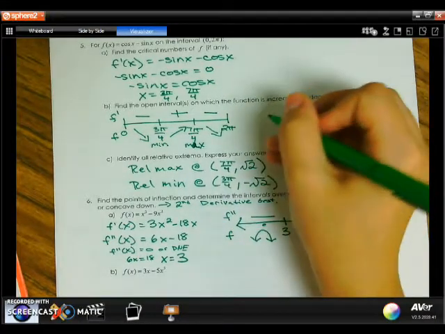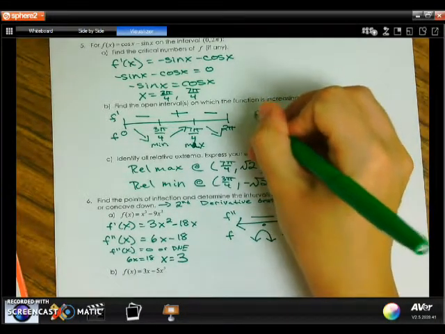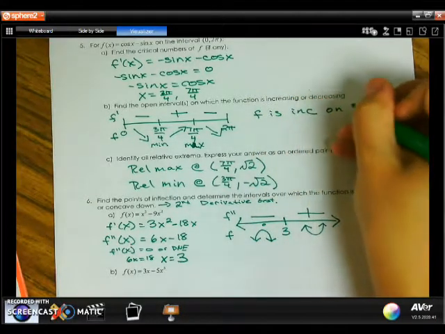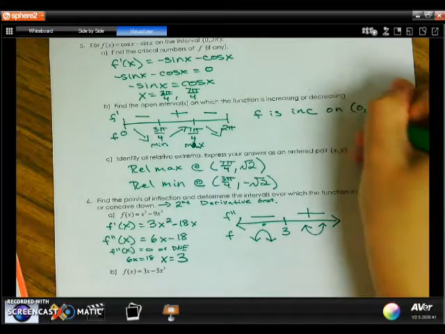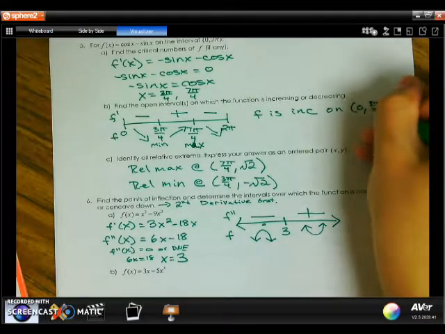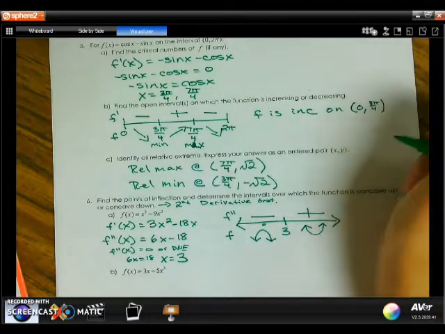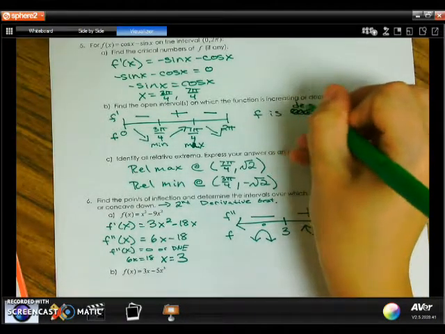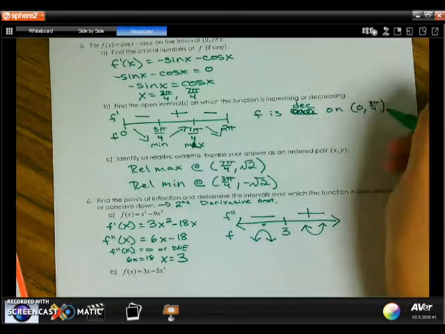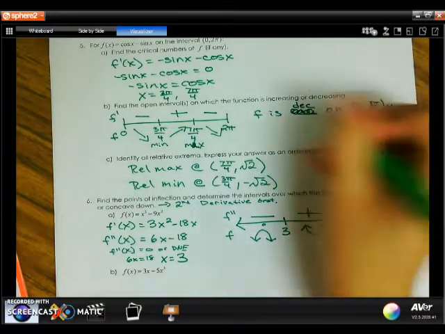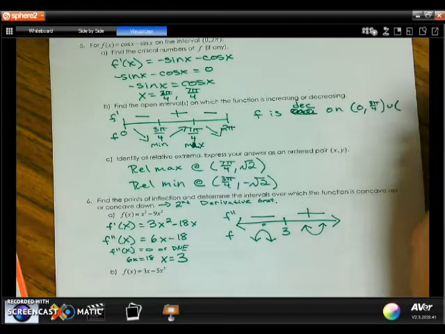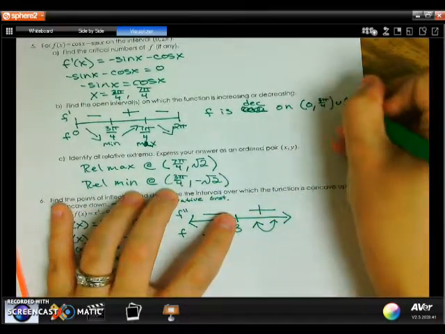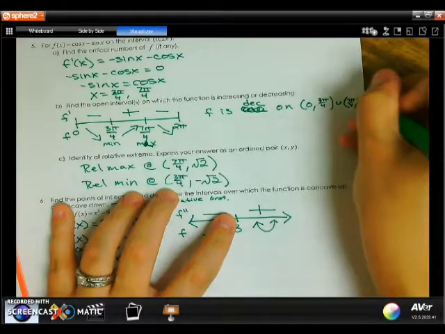Oh, up here I forgot to actually make my conclusion. So I can say here that f is decreasing on the interval 0 to 3 pi over 4, union 7 pi over 4 to 2 pi.